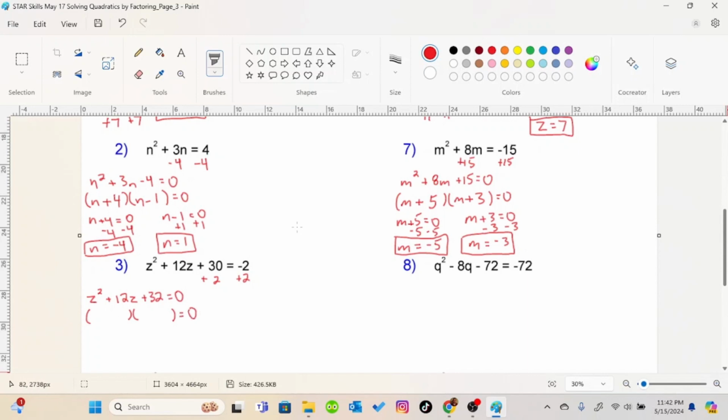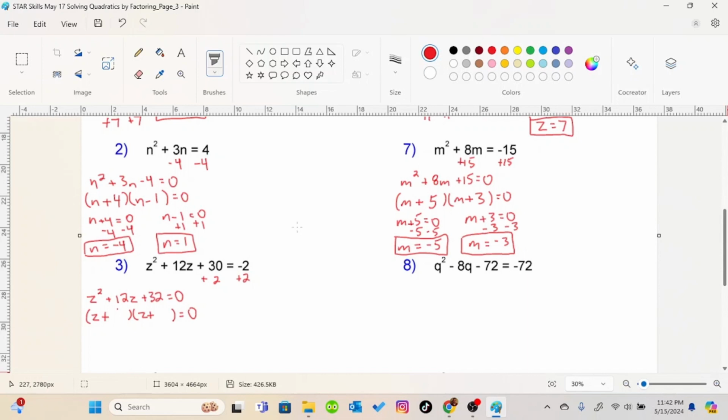We get z squared by multiplying z times z. The second symbol being addition tells us our signs are the same, and the first symbol being addition tells us both signs are addition. Now we need numbers that multiply to 32 and add to 12.